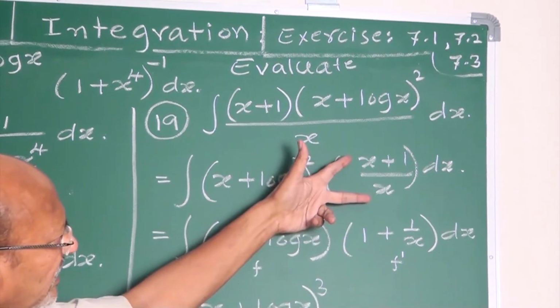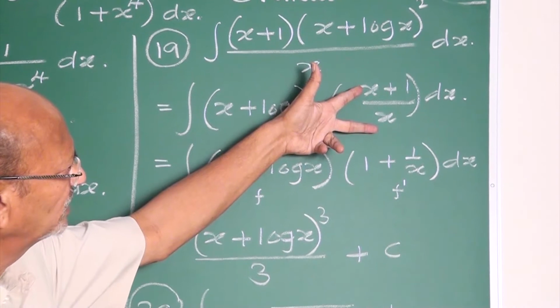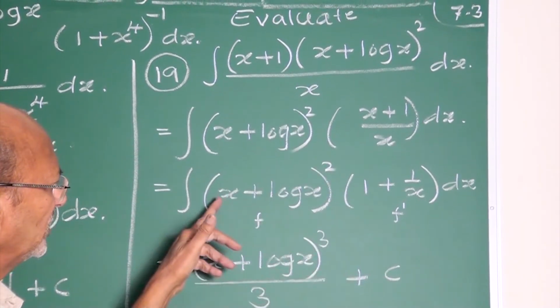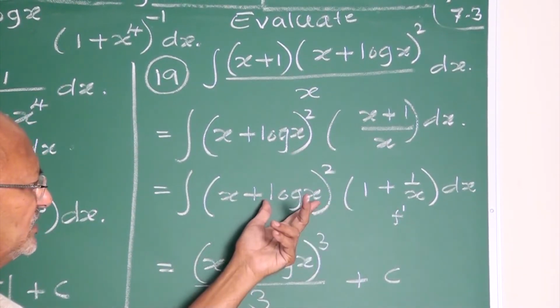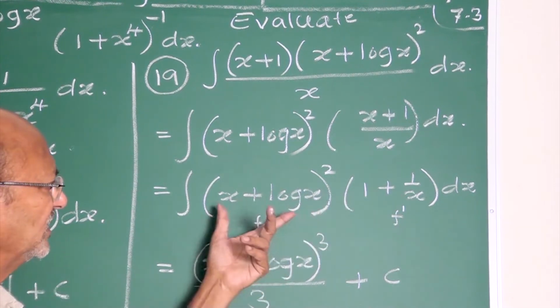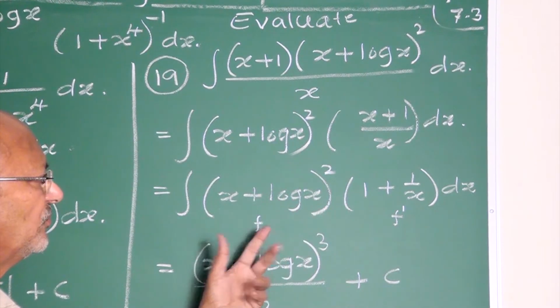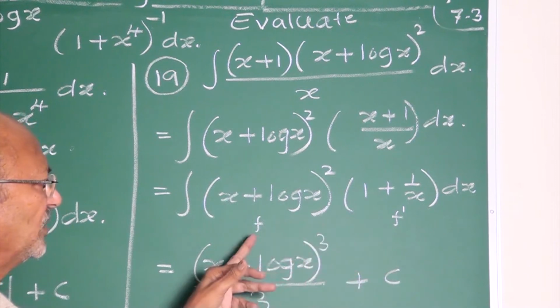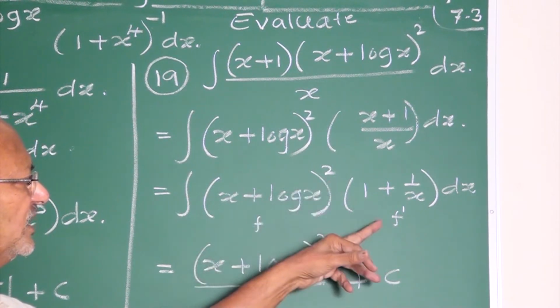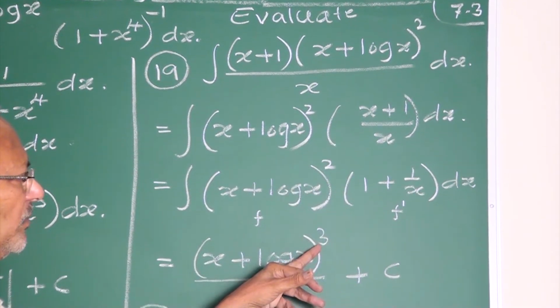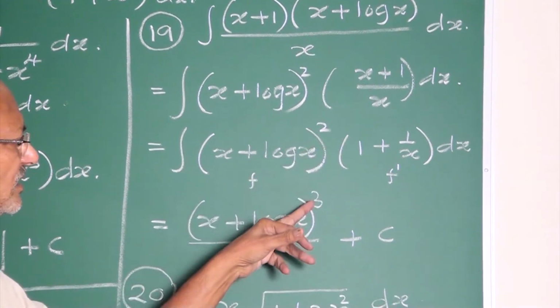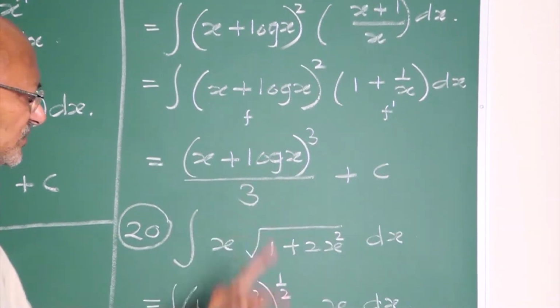X upon x is 1, plus 1 by x. Now what is the derivative of x? 1. What is the derivative of log x? 1 by x. If this is your f, it is f'. Then f(x) to the power n into f' is f(x) to the power n+1 upon n+1, so n+1 is 2+1, 3, upon 3, plus c.